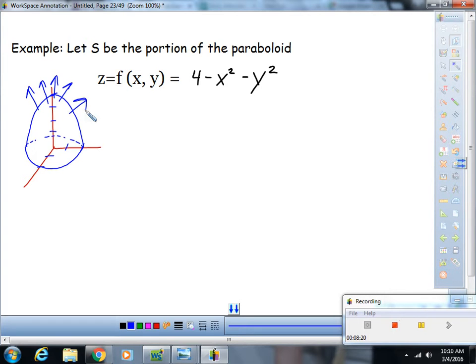So, and our capital F is x, y, z. Okay? So, what is f sub x? Negative 2x. And f sub y?